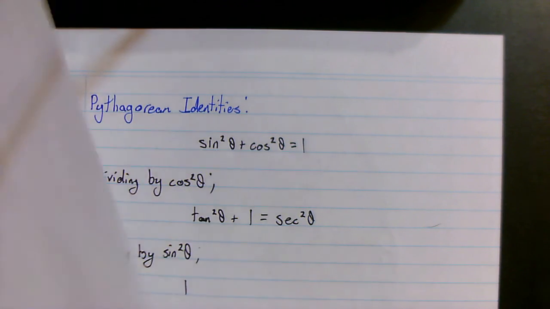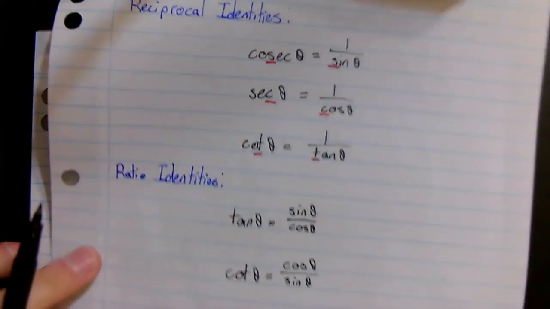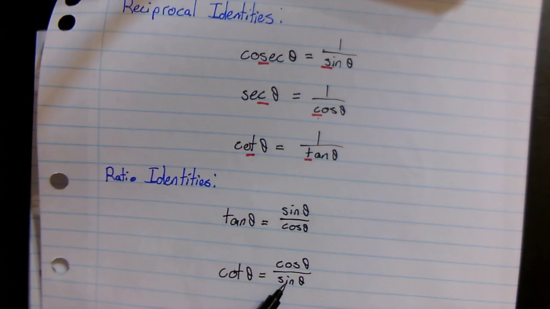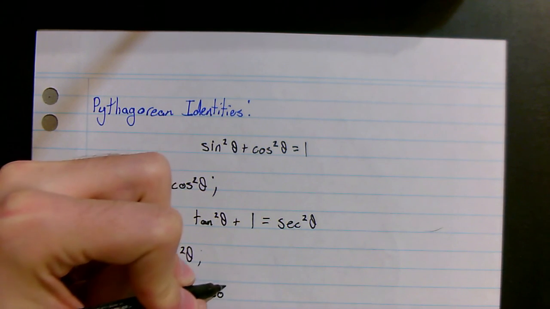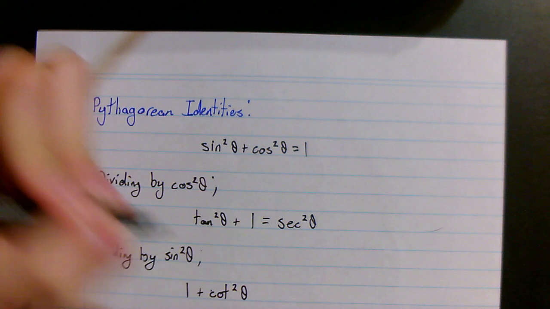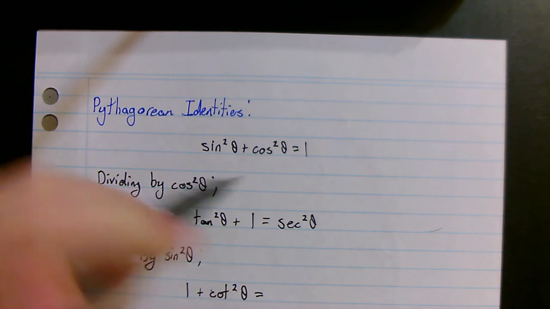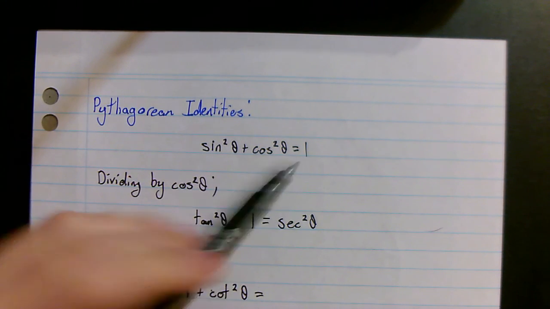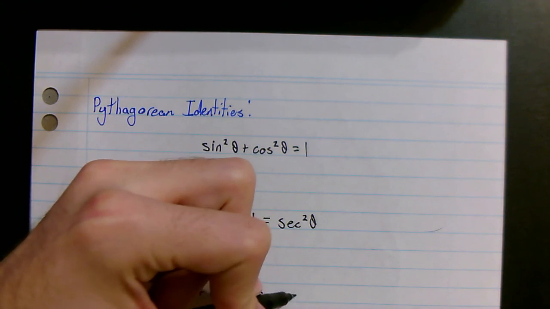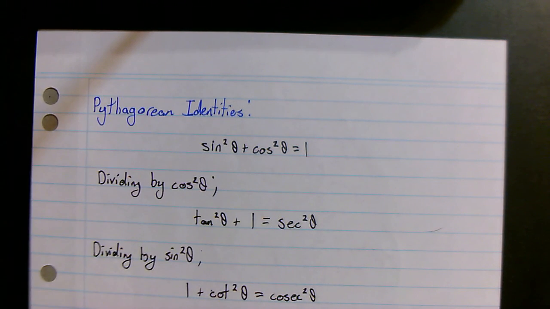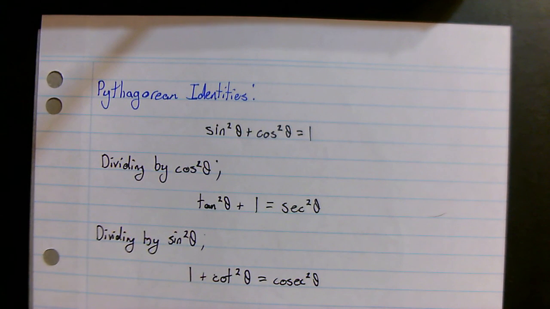Well, we defined previously that cos theta over sine theta was equal to cot theta. So that means cos squared theta divided by sine squared theta is going to be cot squared theta. And that's equal to 1 divided by sine squared theta, and that's going to be cosec squared theta. So these are our 3 Pythagorean identities that we need to remember.